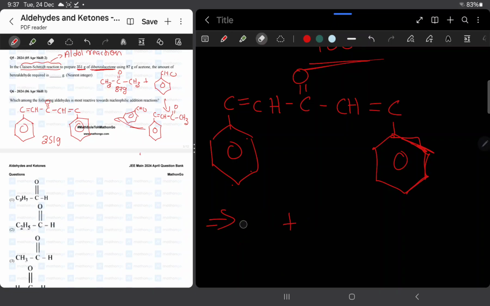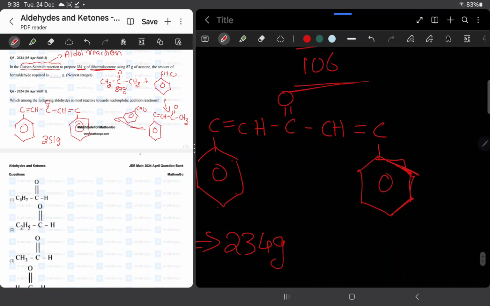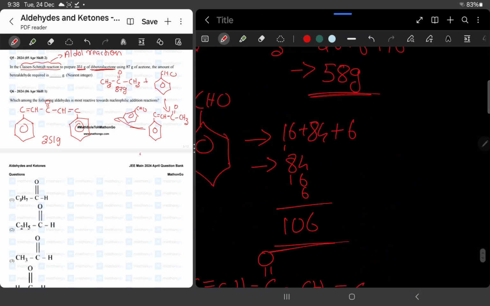Sorry, I'm going wrong, it will take time. If I do this whole calculation, it's going to take a long time. I will just take the value. It will be 234 gram. Okay, so we got the grams for the same.